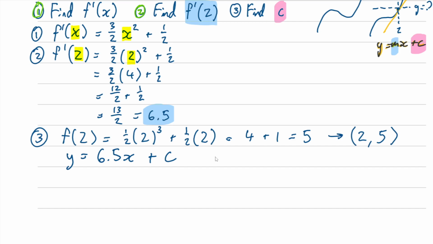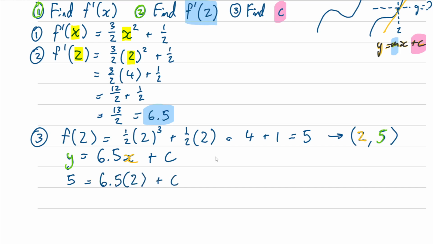So we know the x value. Running out of highlighted colors here. The x value of 2 goes in for x. The y value of 5 goes in for y. So we get 5 equals 6.5 times 2 plus c.